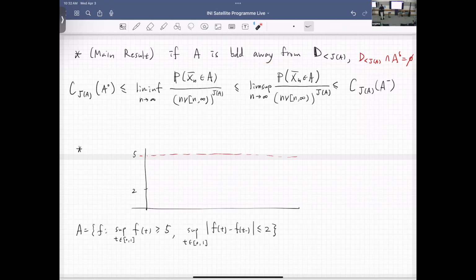Okay. All right. So in this case, J of A is equal to 3, because you need at least one jump, two jumps, three jumps, and that's enough.